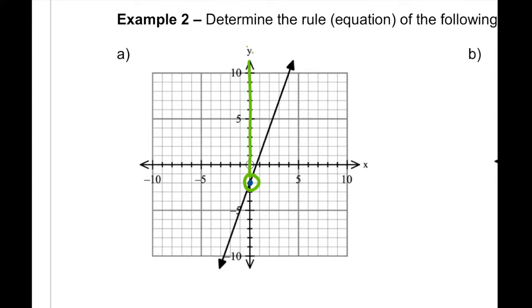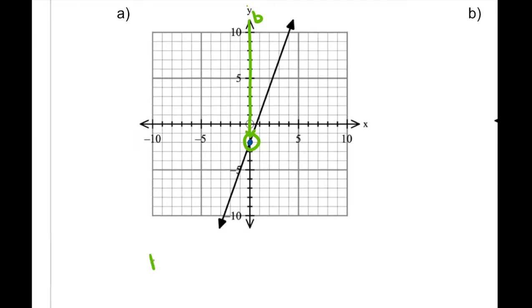So that there is my b value. In this case, my b value is -2, because that's the y value of that point, -2.